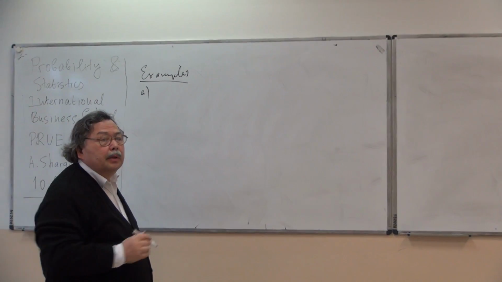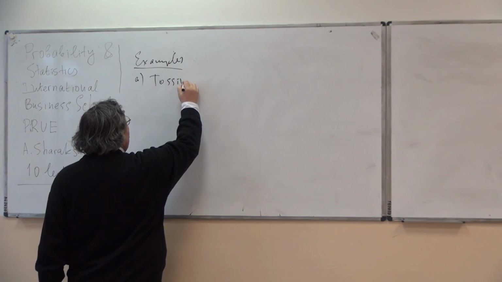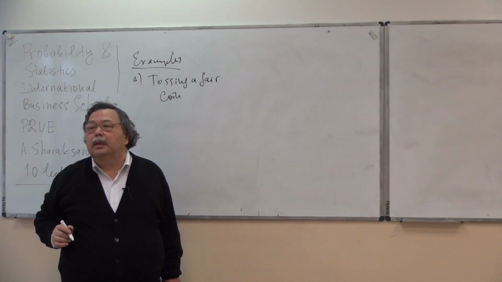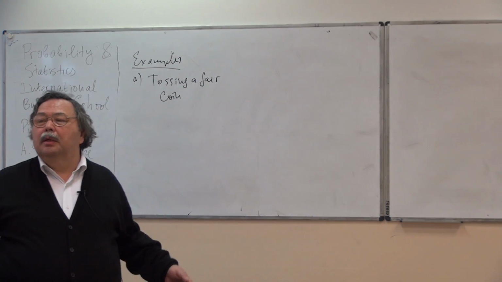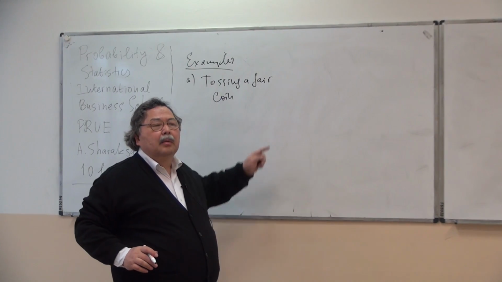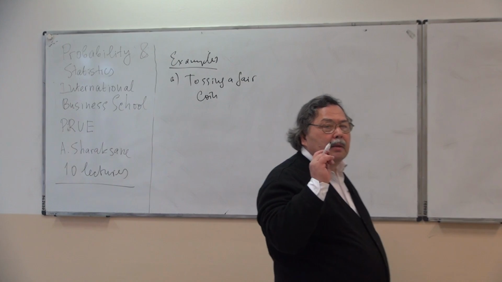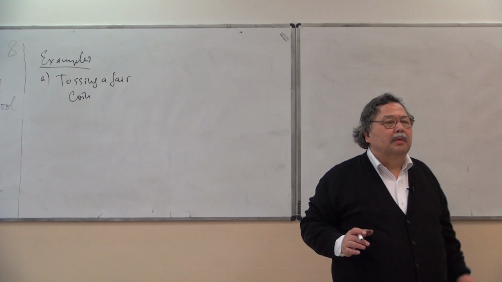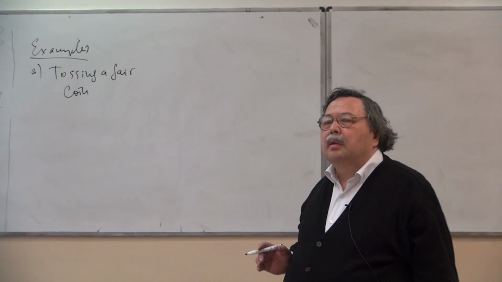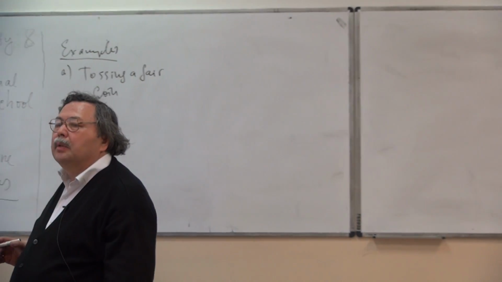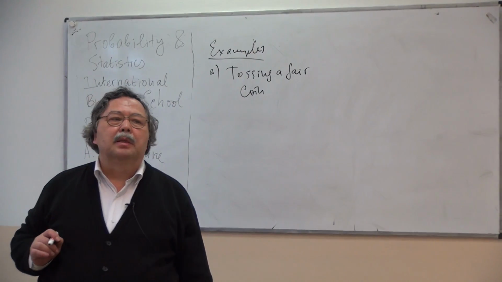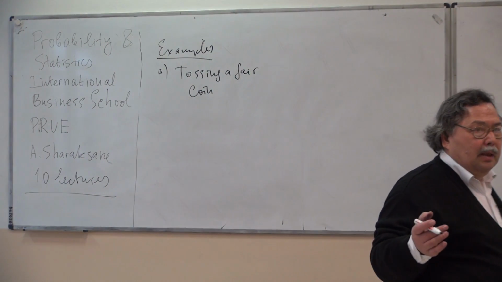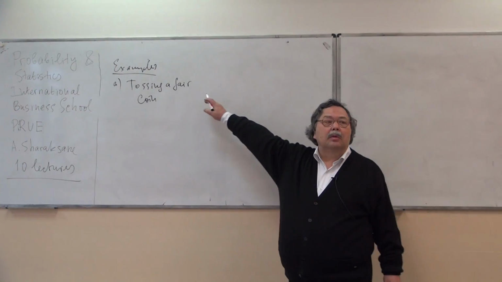Tossing a fair coin. Now, do you notice a new word here? I don't write tossing a coin. I write tossing a fair coin, which is essential. By stipulating this, I say that the two outcomes of this experiment are equally likely, which is quite natural to assume if the coin is symmetric. Okay? If it's symmetric, we have no reasons to believe that heads is more likely than tails or the other way around. So this is called a fair coin.